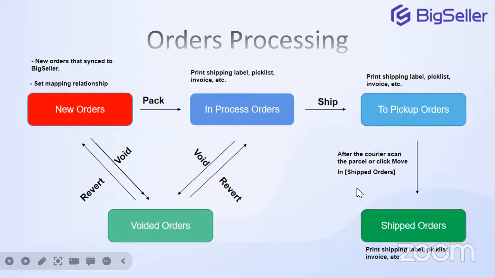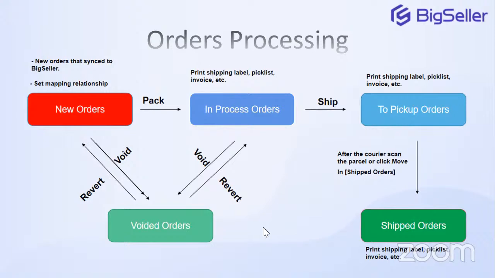After the courier scans it, this order will be moved to the final step, ship orders. So basically, we only have 4 steps: 1, new orders; 2nd, in-process orders; the third, to pick up orders; and the final step, ship orders. These 4 steps to process your new order in Big Seller.